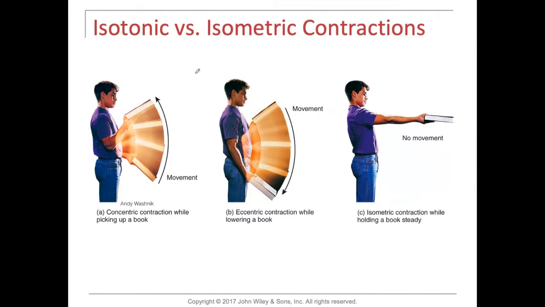Now, when we look at muscle contraction, let's see what is happening in letter A in contrast to letter B. In letter A, the person is starting out in position 1 with the arm down at the bottom, and the end of the movement is up here in position 2.